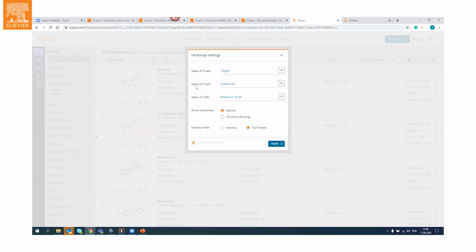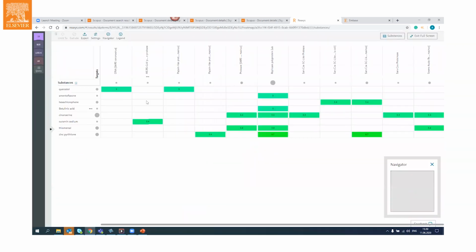In this case, you will have the X axis with substances, or you can change it, but I wouldn't. Also, you can use an axis with target or with biological species, but let's keep target. And you will see all the targets and all the substances.